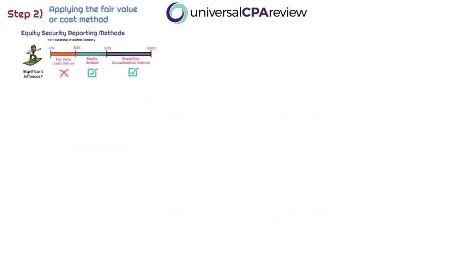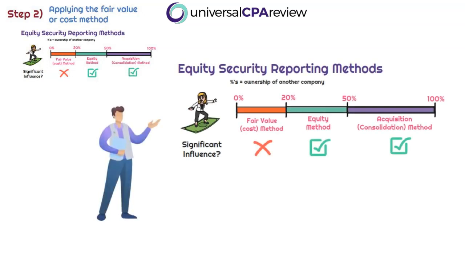In step 2, this is where we need to figure out whether we're going to use the fair value method or some other method to account for this equity investment. As I mentioned, here is a key visual that will help you understand at a high level whether to use the fair value method, the equity method, or the consolidation or acquisition method.